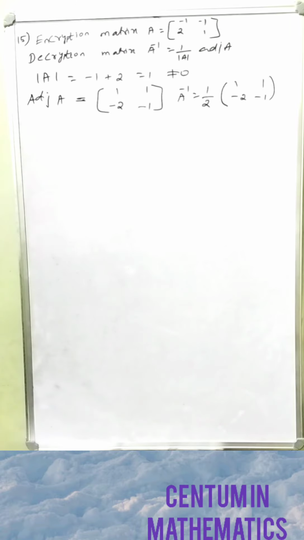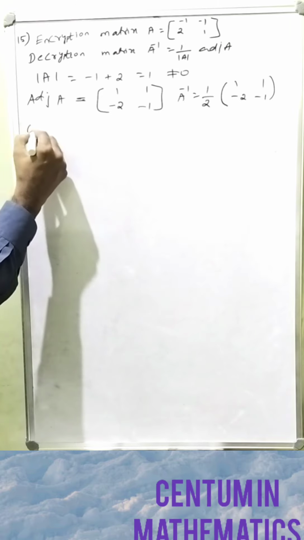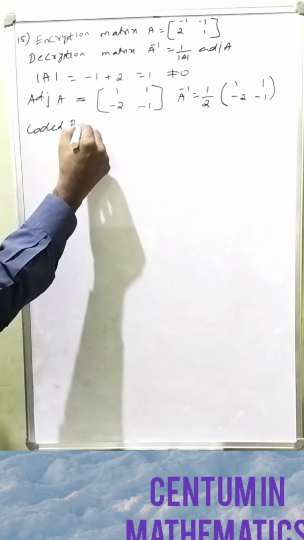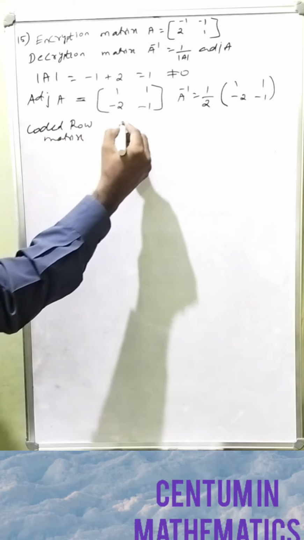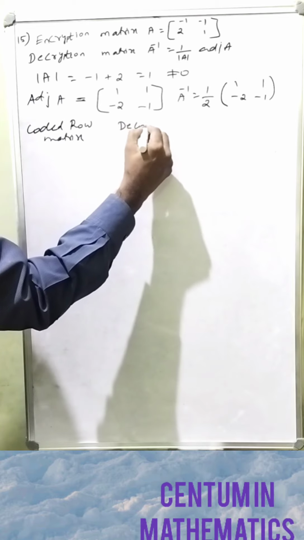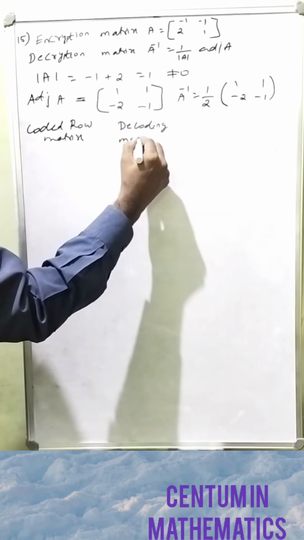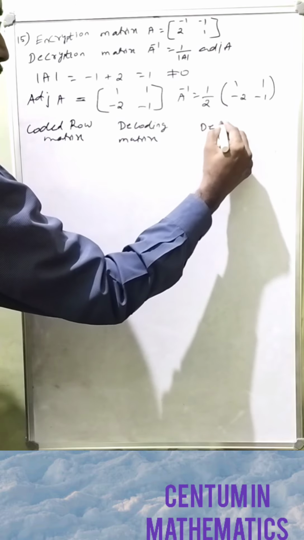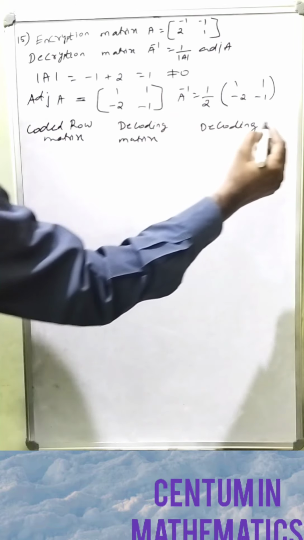For that, first we have to write the coded row matrix. The next one, the decoding matrix. The next one, the decoded row matrix.